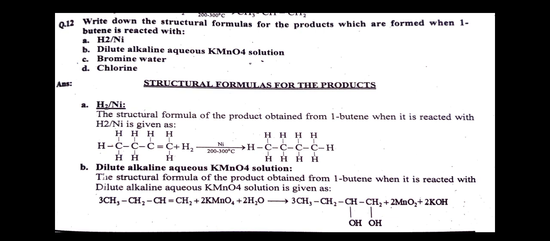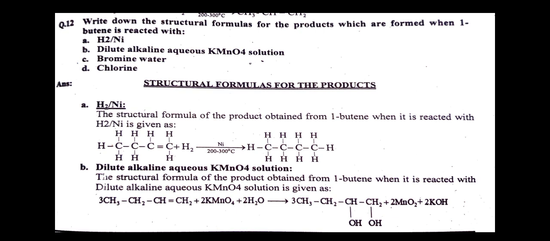See the B part, dilute KMnO4 solution. The structural formula for the product obtained from 1-butene when it is reacted with dilute alkaline aqueous KMnO4 solution is, we are having 2 KMnO4 plus 2 molecules of water and 1 butene.